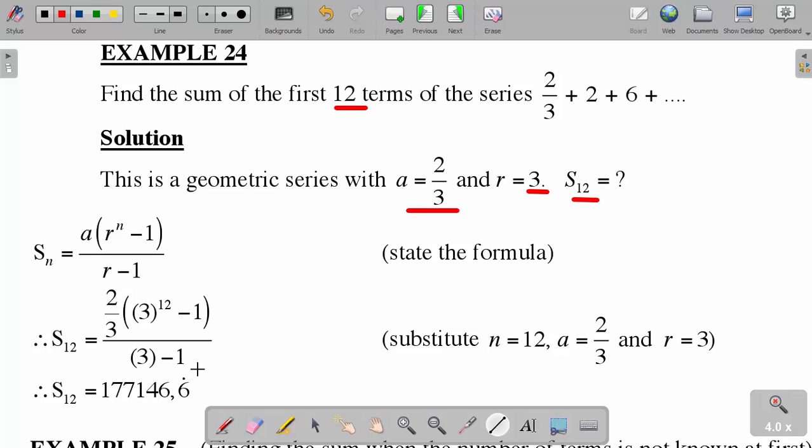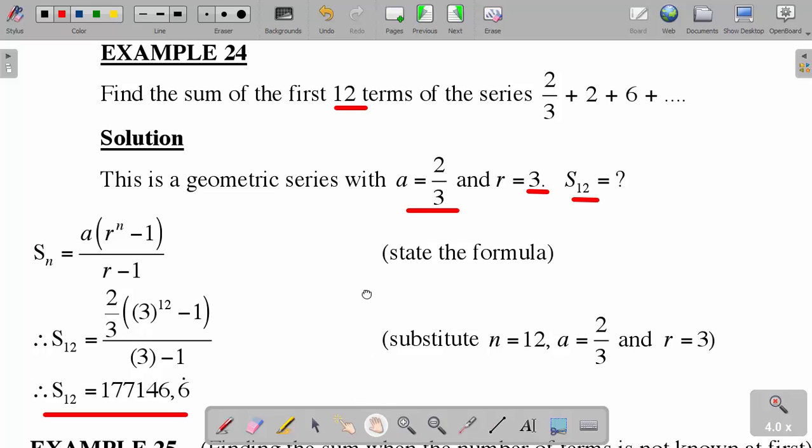So with the calculator and with these correct substitutions, I get my final answer as S12 equals 177,146.6 recurring. Okay, let's look at another example.